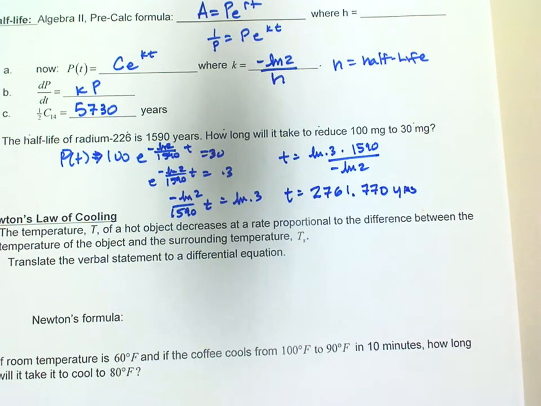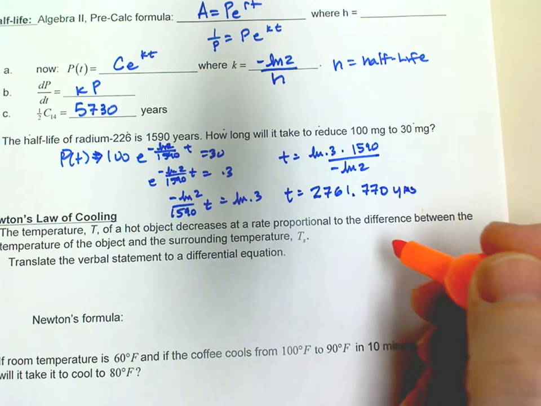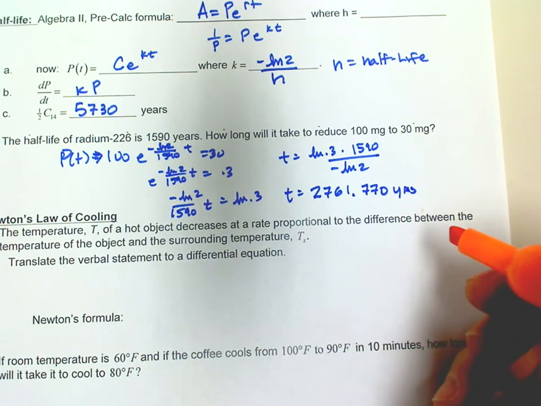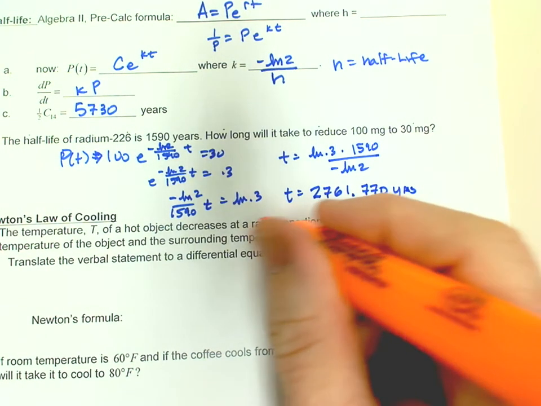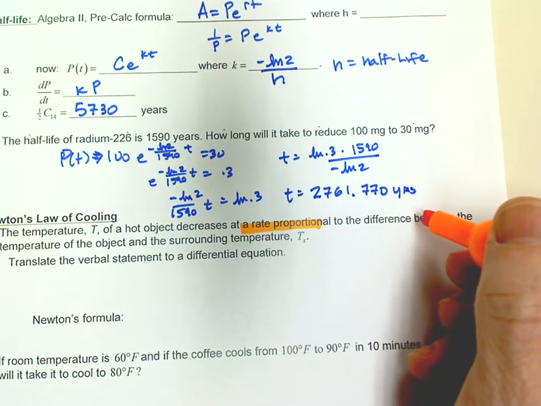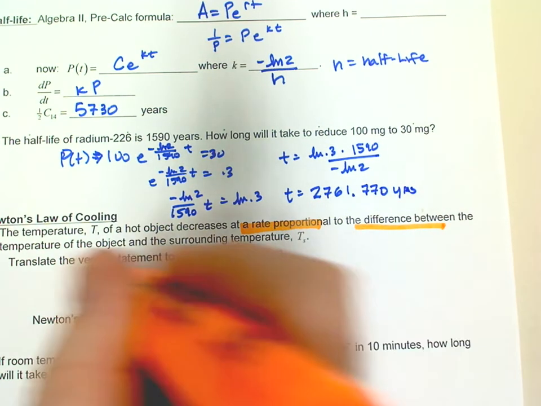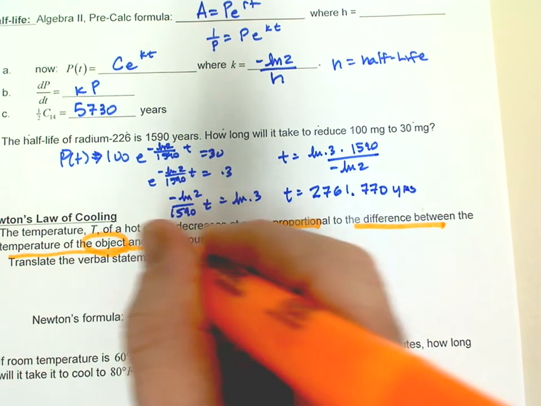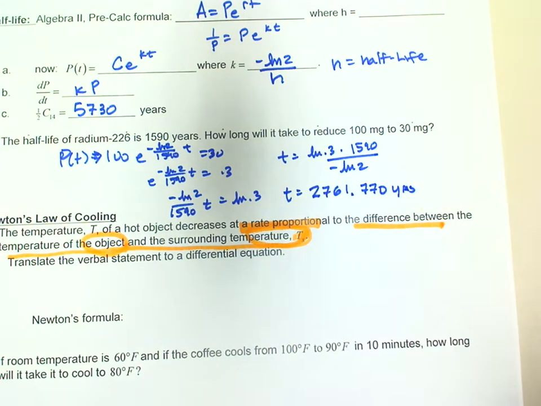Our next topic is Newton's law of cooling. Newton's law of cooling is not directly proportional to the temperature, but the rate of change is proportional to the difference between the temperature of the object and the surrounding temperature, T sub s.